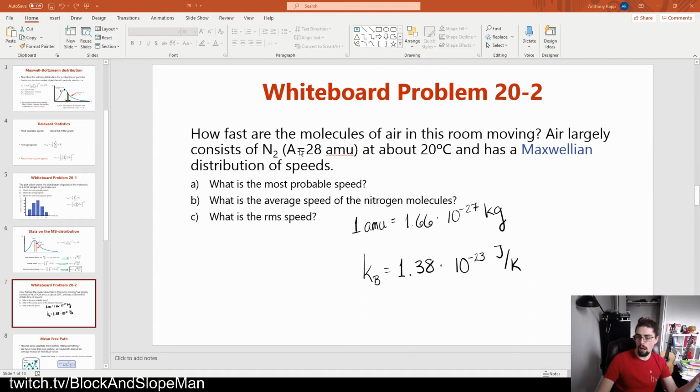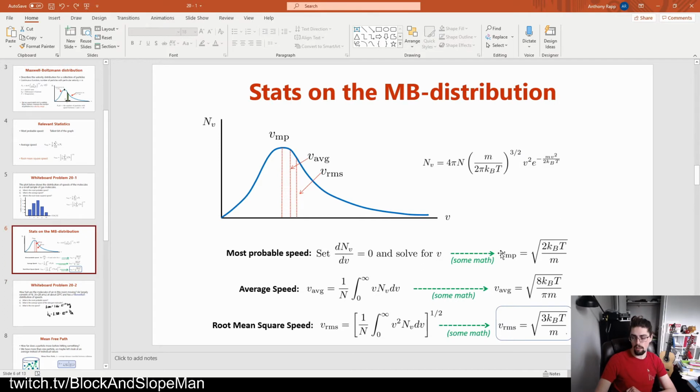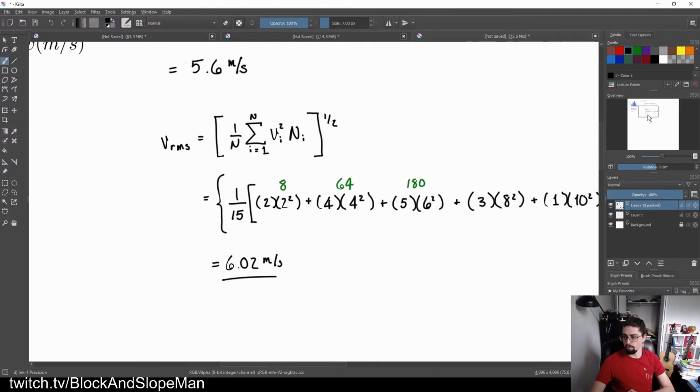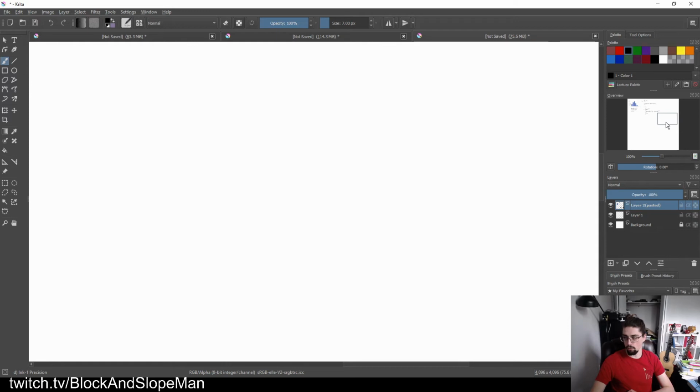So we know what kind of particle we're dealing with here. We've got a temperature for this thing, and by the fact that we have a Maxwell-Boltzmann distribution, we've got these equations, right? So we'll use these in order. Let's find ourselves a little bit of space, let's do it over here. All I really need to do is plug these things in.